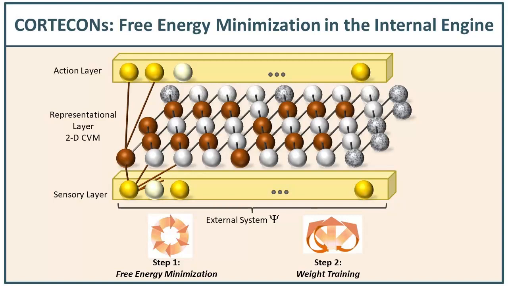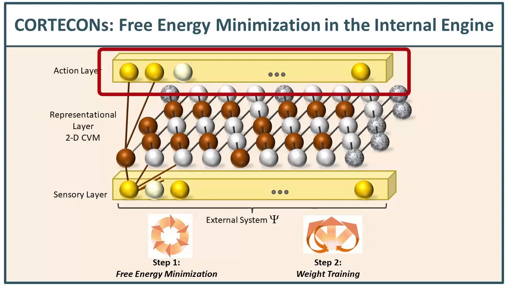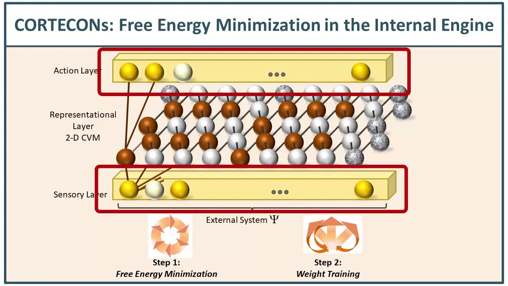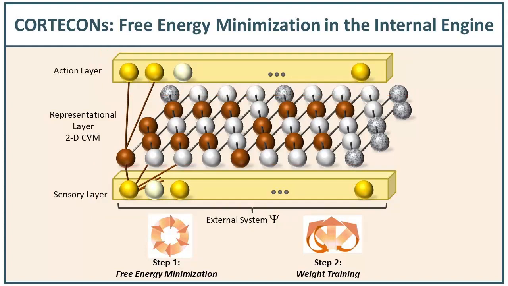Let me briefly move on to the notation used in this slide. If you see the action layer and the sensory layer at the top and bottom respectively, those correspond to action and perception or sensory nodes that were originally envisioned by Carl Friston in some of his work. The psi, that's Greek capital letter psi at the bottom, refers to the external world that provides the inputs to the sensory layer.